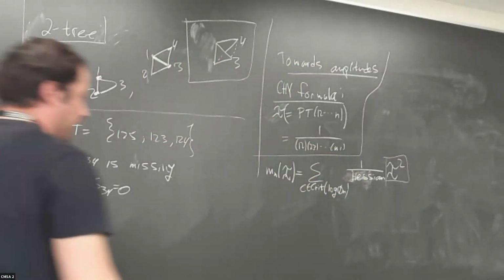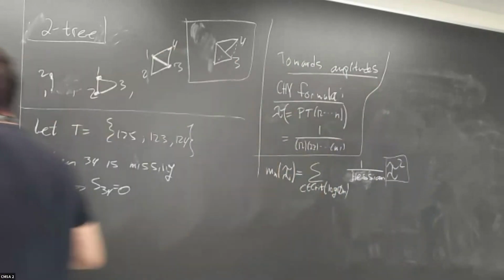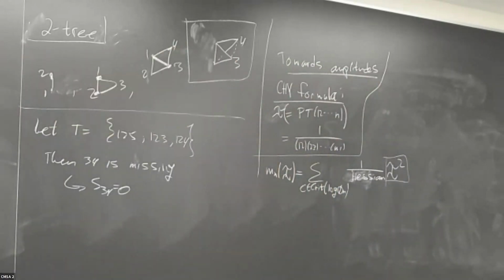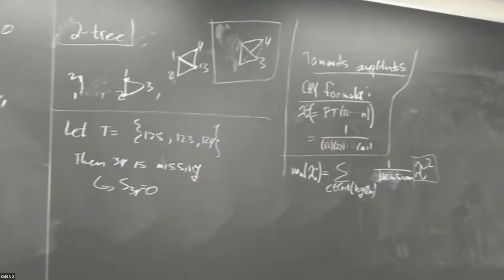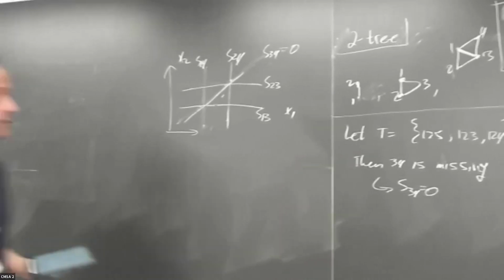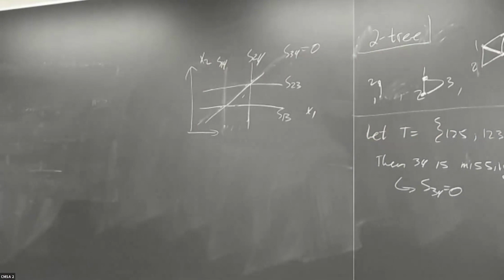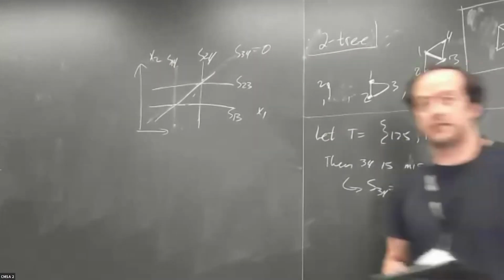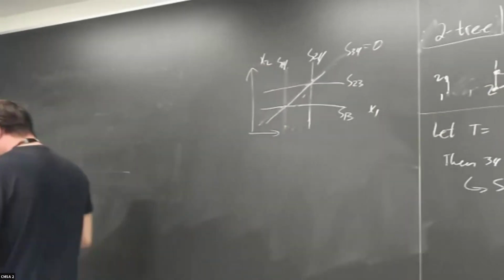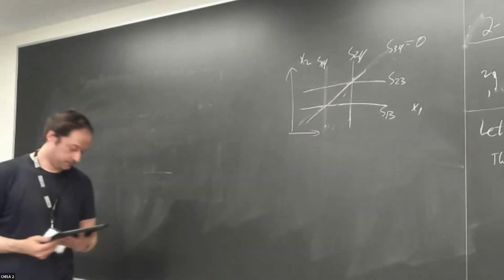So next, in fact, that's exactly what I want to do next, which is to say what happens for a generic 2-tree. There is a formula which we can use for a generic 2-tree to define the CHY integrand I, thanks to work of Alex and Jake and Freddie and Nima and Yara.